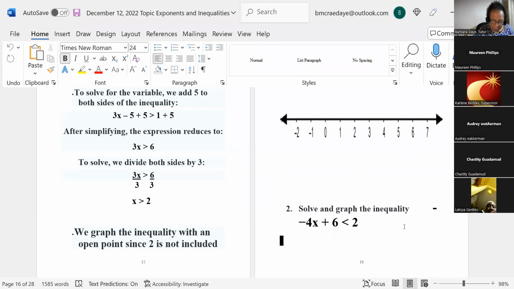No, it's got to be x something, Audrey. You'll have x on the left, and then you'll have the inequality sign, less than, and then you'll have a number. So what is that number? Less than 6.4. Okay.